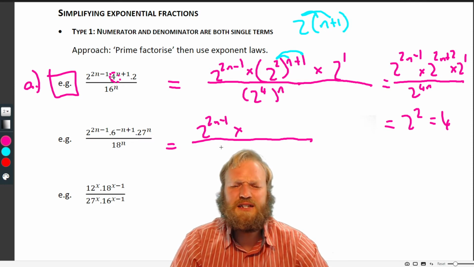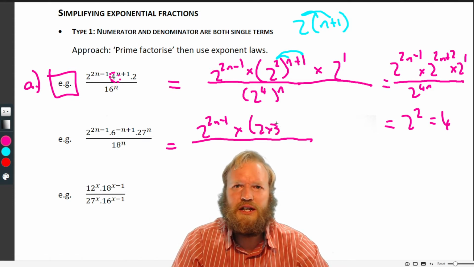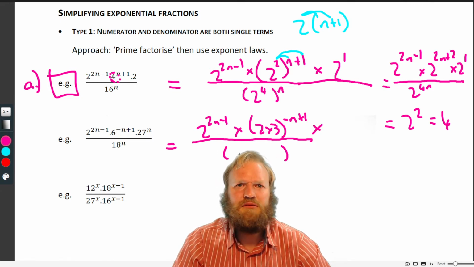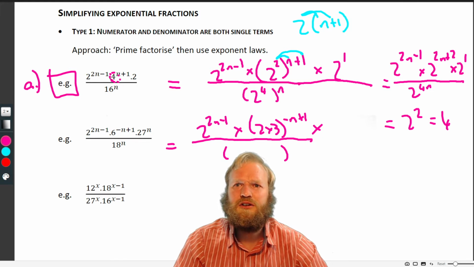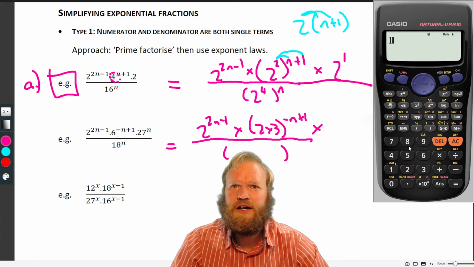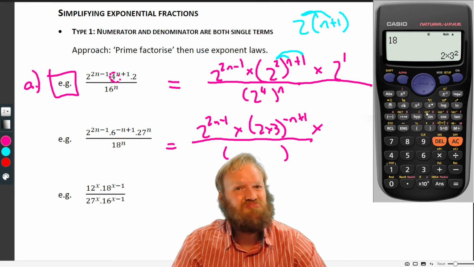How are we going to write 6 as a product of prime numbers? Well, clearly just 2 times 3, to the minus n plus 1. 27, 18, again a nice little one to go. Remember we can just go 18 equals shift fact, 2 times 3 squared.